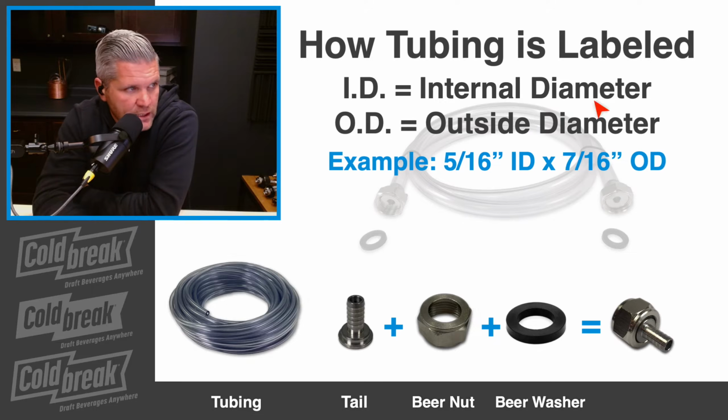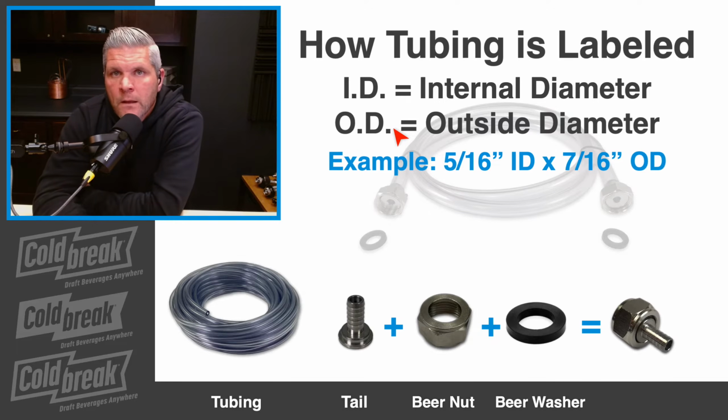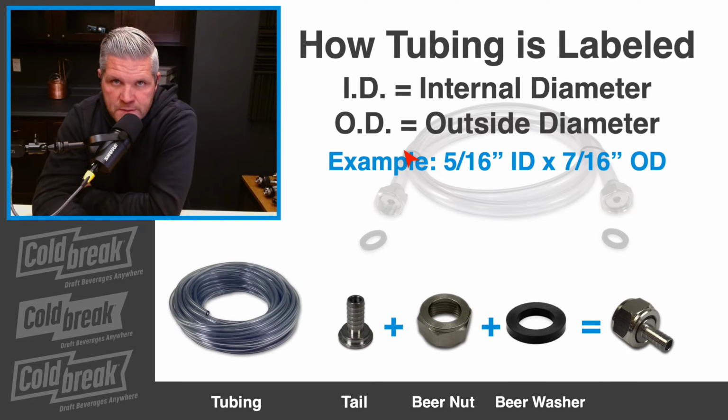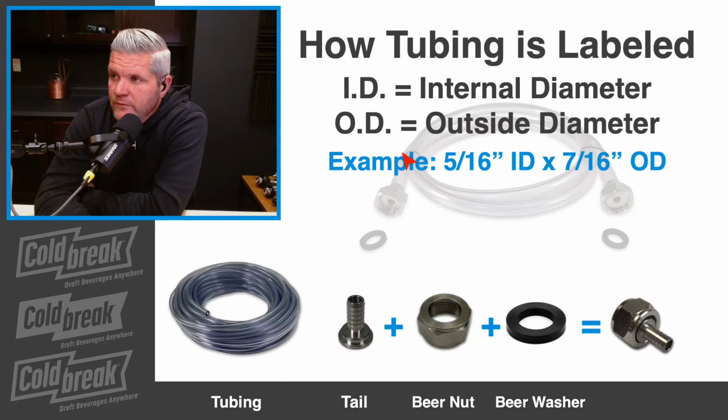And then tubing is labeled by ID and OD, which is internal diameter and outside diameter. Now, depending on where you're shopping, different companies are going to label the product page different ways, and so it can be kind of confusing, especially when you're trying to build a system. So especially at Coldbreak here, everything is labeled by the ID.